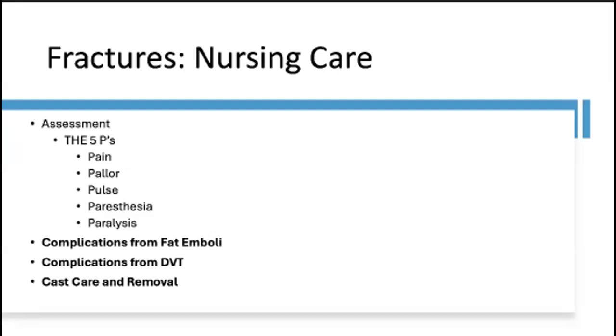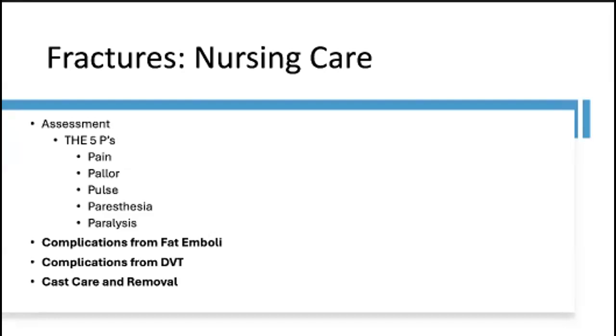Then we can have pallor, so the paleness. We can have pulselessness, which is deep or absent distal pulses. We can have paresthesia, which is numbness and tingling, kind of that asleep feeling. We can have paralysis, which would be the inability to move the extremity.